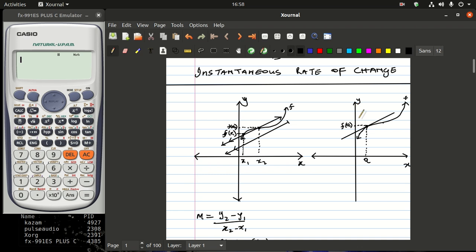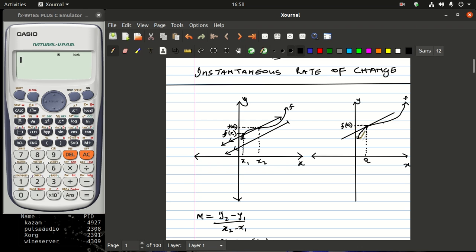Or you can just pick 2 points, but join this point of interest with that point, this point of interest with that point, have 2 lines, find the slope of the first line, find the slope of the second line, and then you add them and then you divide by 2.